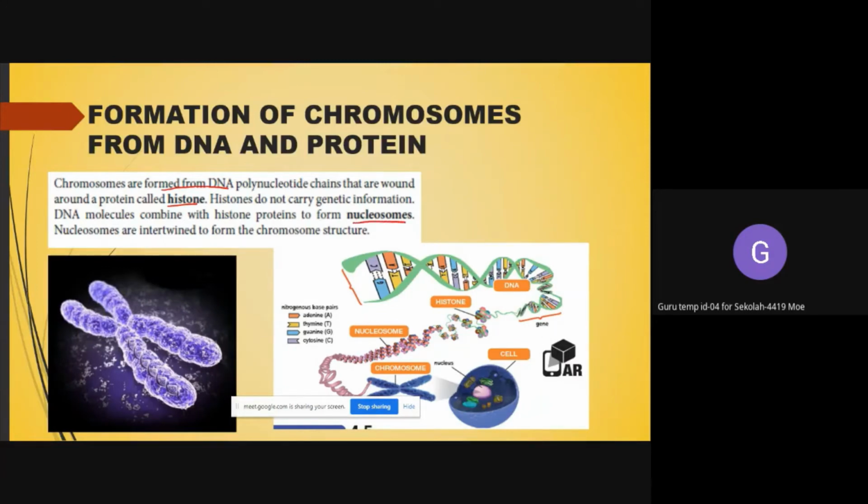Bila DNA wrap histone protein, akan membentuk nucleosomes. So, the nucleosomes are intertwined to form the chromosome structure. Dalam kromosom ni ada banyaklah DNA polynucleotide chain tu. Nampak tak ni DNA? Kromosom ni pula terdapat dalam nukleus dalam sel.